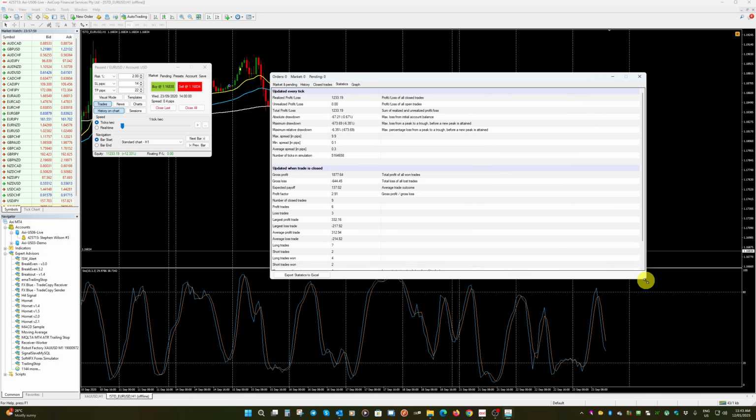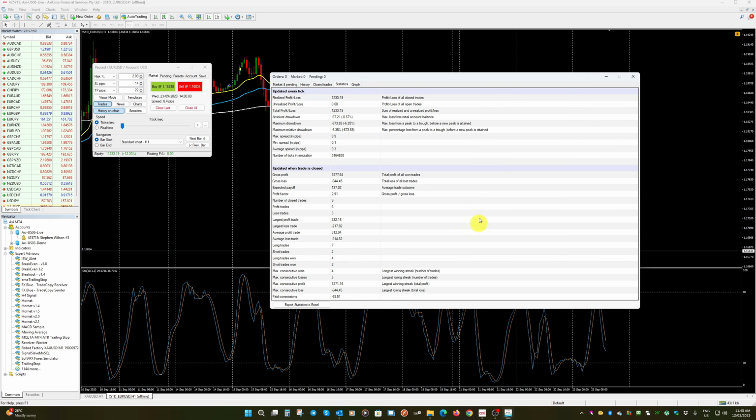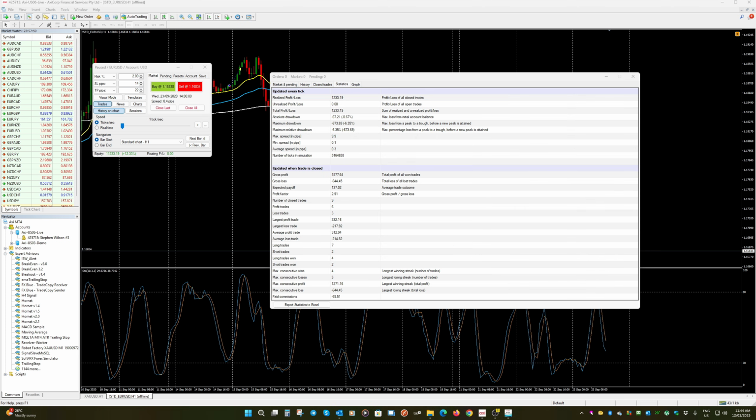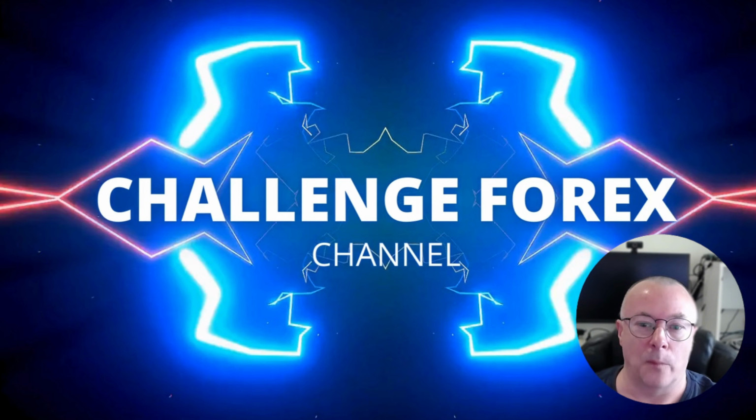Now looking at the statistics, we have here 9 total trades, 6 winners and 3 losses. That gives us a 66% win rate, which is really good for 1.5R. I'm really happy with the results from today's test.